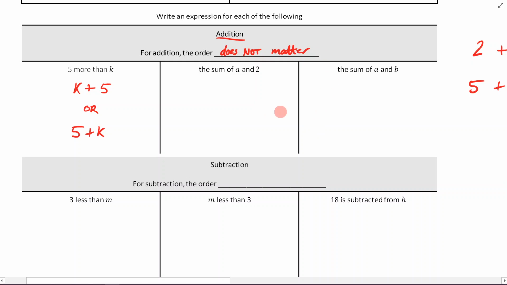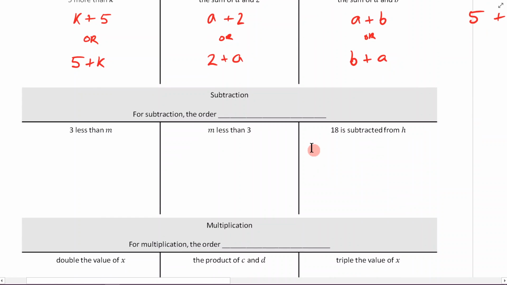All right, let's keep on going. The sum of A and 2, well, that's just A plus 2, or 2 plus A. Next, the sum of A and B, that's A plus B, or B plus A, because the order does not matter. Okay, let's now go through some subtraction examples.